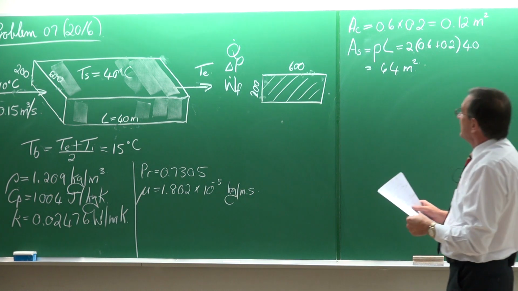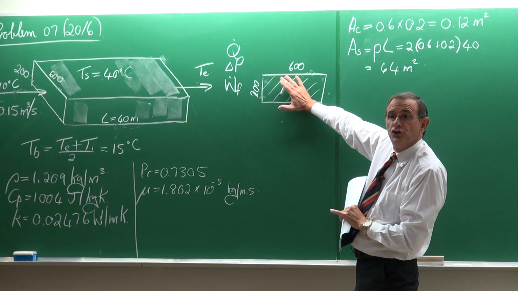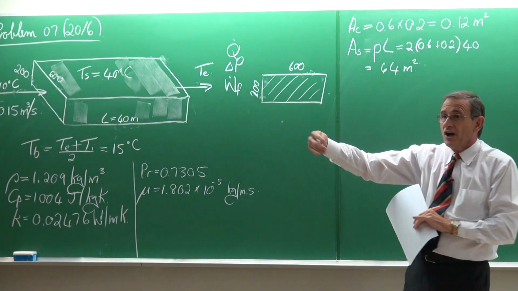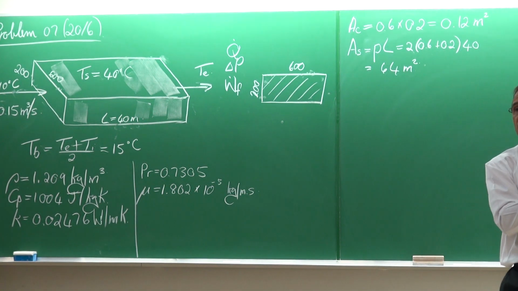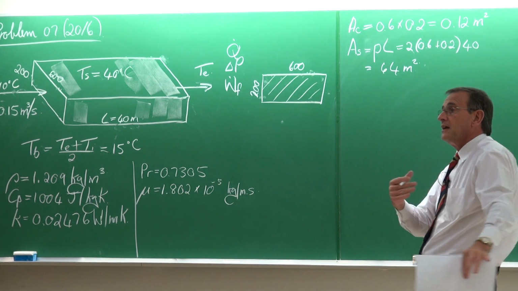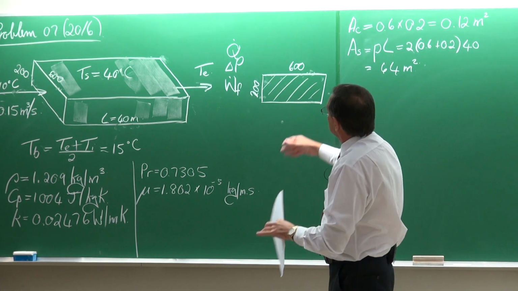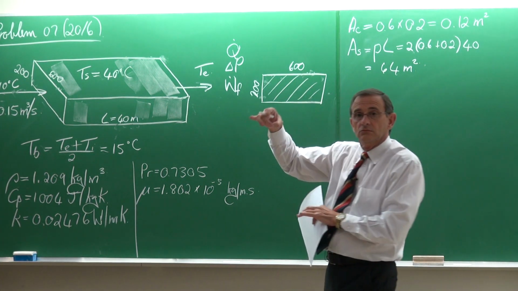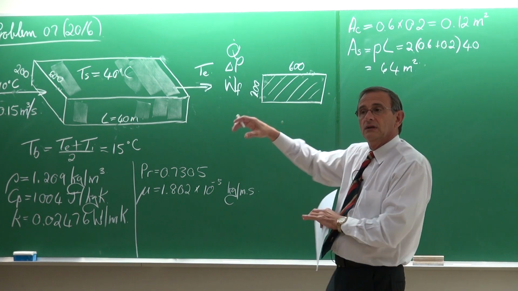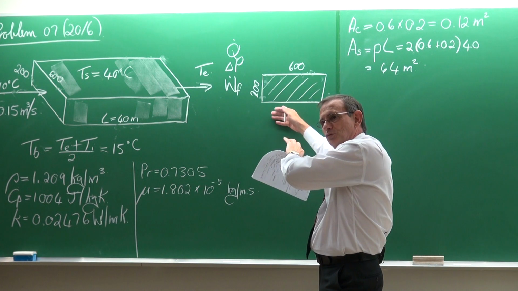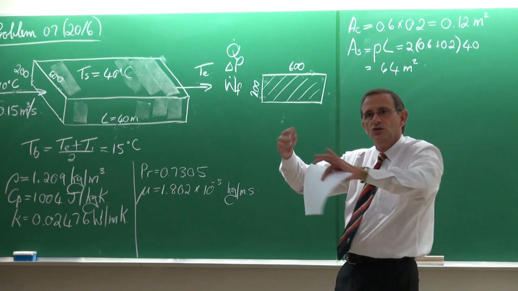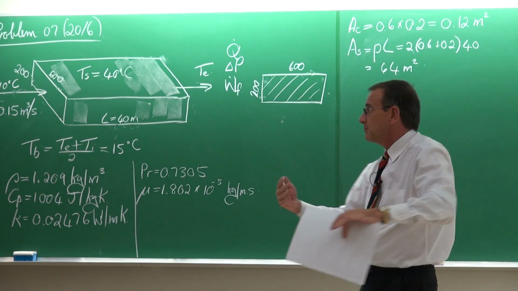Now take note of the geometry. It's not a circular tube. And the equations of Gnielinski, Sieder and Tate, because we're going to later on calculate the heat transfer coefficient, and also the Reynolds number, are based on a circular tube. And this is not a circular tube. So we need to change this tube to that of a circular tube, and we do that by using the hydraulic diameter.